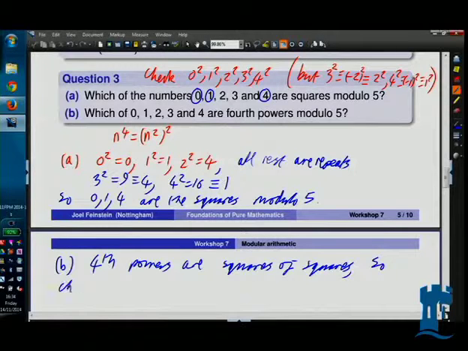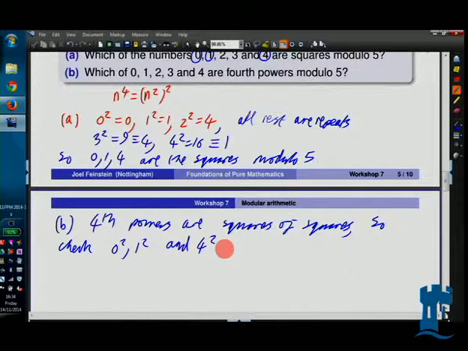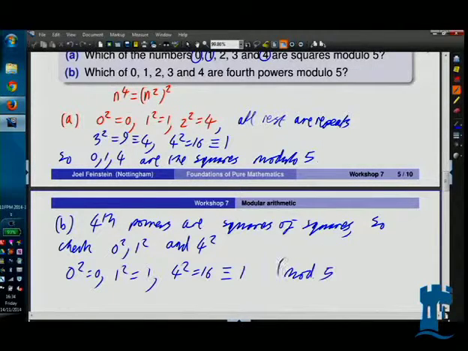So check 0 squared, 1 squared, and 4 squared. Or you can just start from the beginning and look at the 4th powers of these, and you'll realise you only have to check the 4th powers of 0, 1, and 2 anyway. So I haven't saved much time this way. Either way, you get 0 squared equals 0, 1 squared equals 1, and 4 squared is 16 is congruent to 1, mod 5. So if you take 4th powers, you can only get 0 or 1.